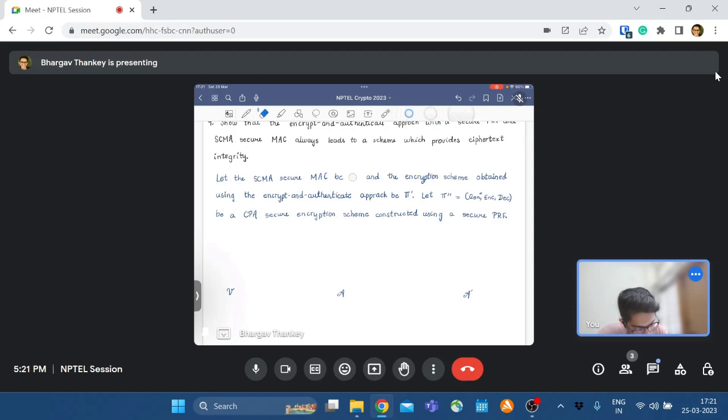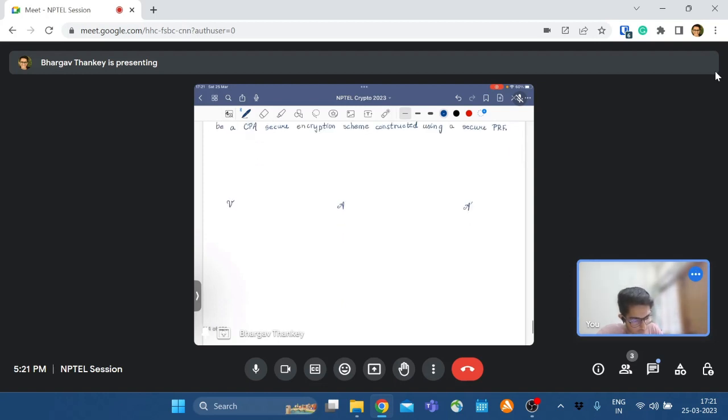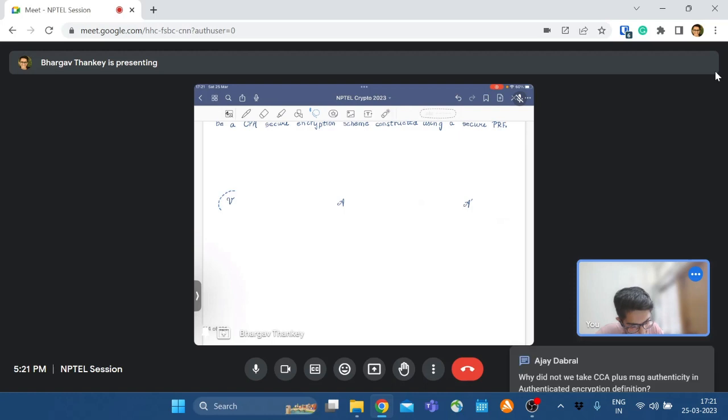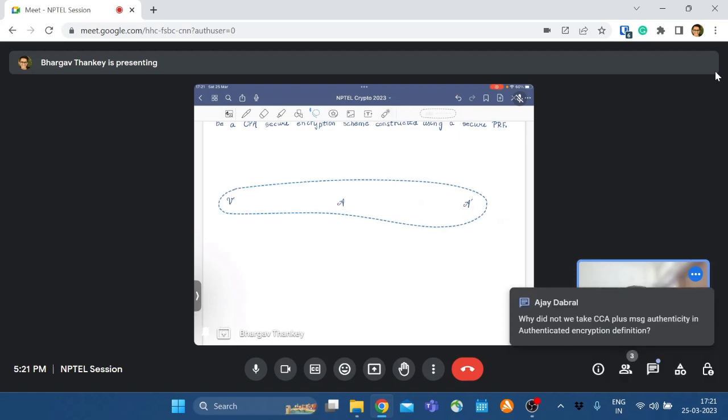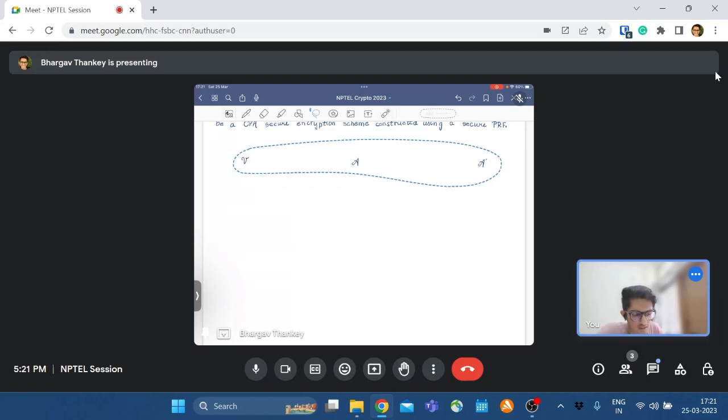So pi equals Gen, tag generation, tag verification. Okay, so this is what we have.